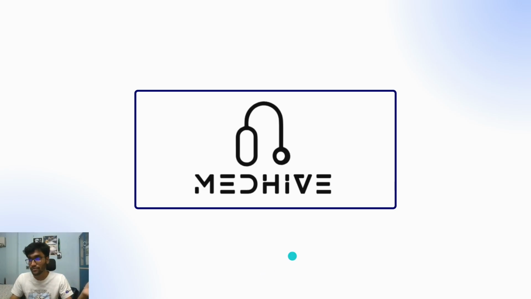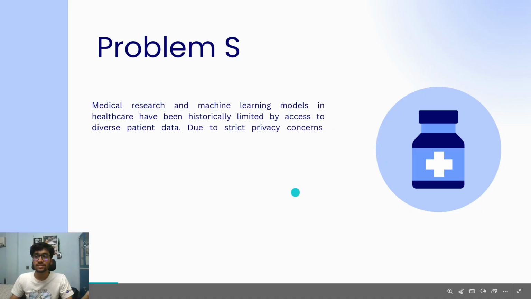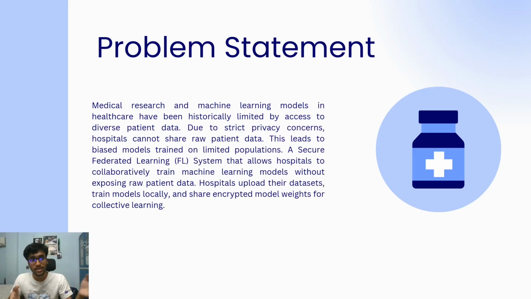In the field of medical science, it is often seen that there are several problems. Maybe the data set is really biased towards a certain population, or maybe the model hasn't been trained on a good number of data sets. And especially in other countries, we have privacy protection laws like HIPAA and the GDPR.